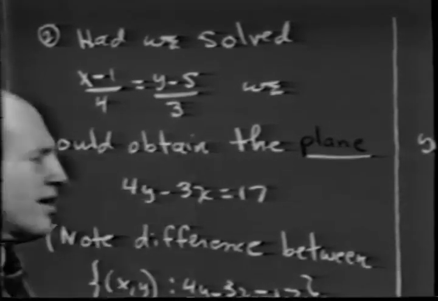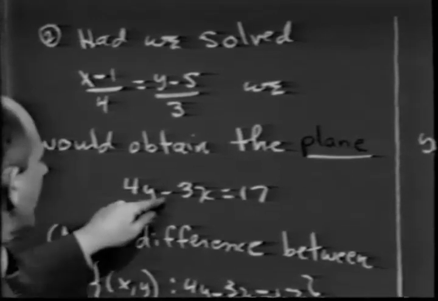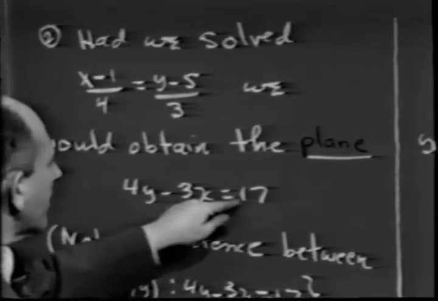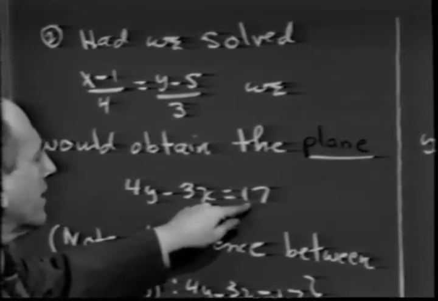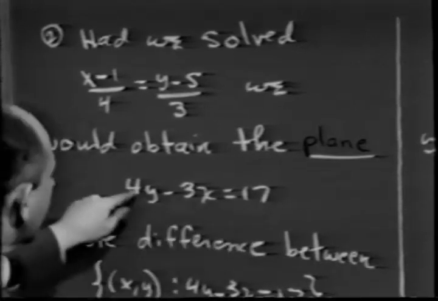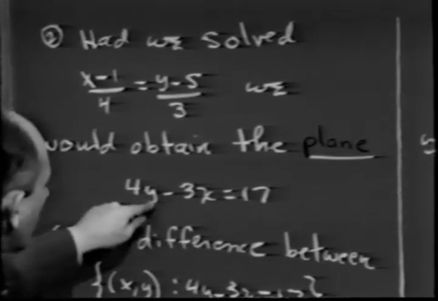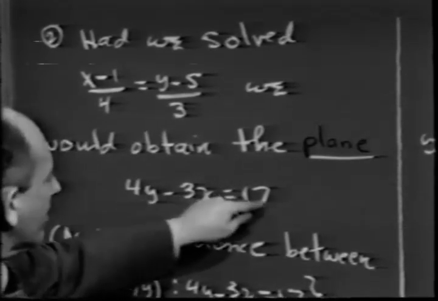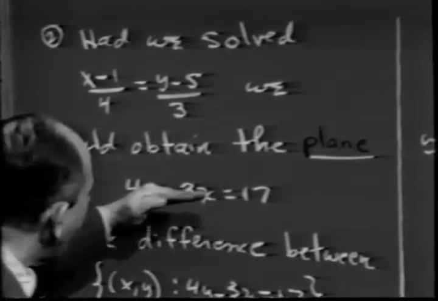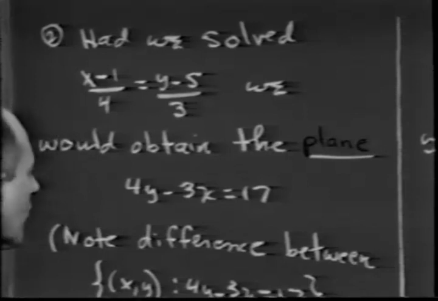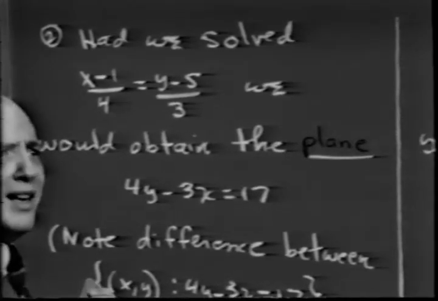And what we're really saying is, let's forget about the z-coordinate. In other words, 4y minus 3x equals 17 may be viewed as a line, but in this particular case, it's a plane. In fact, what plane is it? It's the plane that goes through the line 4y minus 3x equals 17, which lies in the xy plane. It's the plane that goes through that line perpendicular to the xy plane.